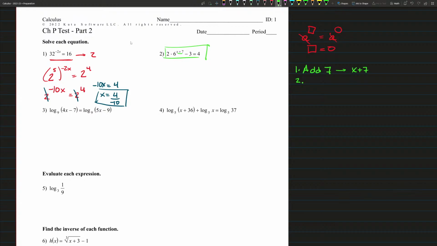So this is the exponent of 6. So this gives us 6 to the power of x plus 7. That is being multiplied by 2. I'm not expecting you to do this. I'm just trying to get us to think. That gives us 2 times 6 to the power of x plus 7. And then we subtract 3.